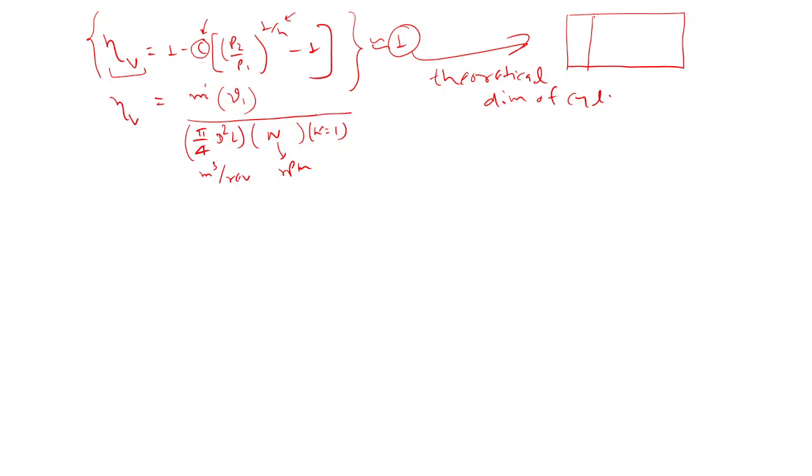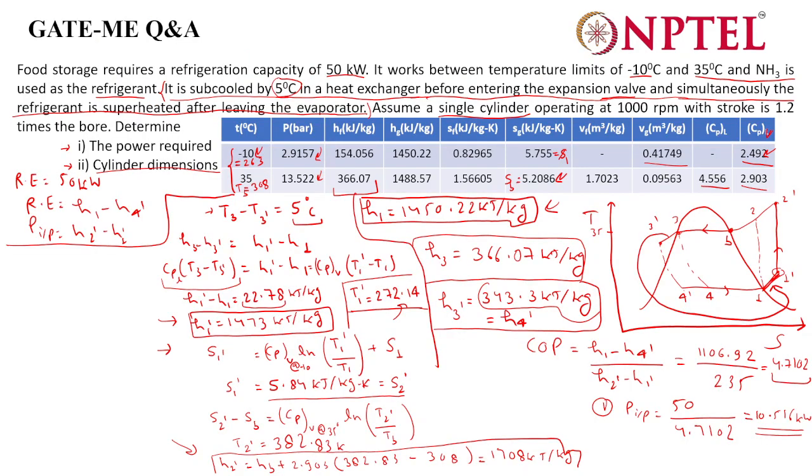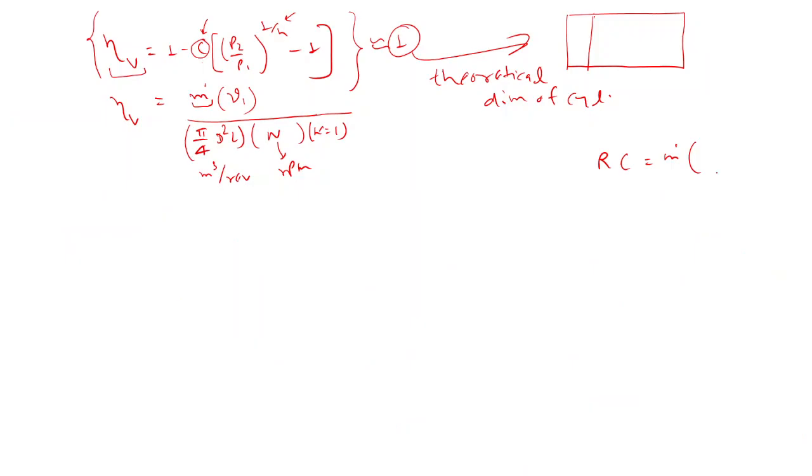So have you calculated what is m dot? Anyone calculated it? How can you calculate? Refrigeration capacity equals m dot into (H1 minus H4 dash).